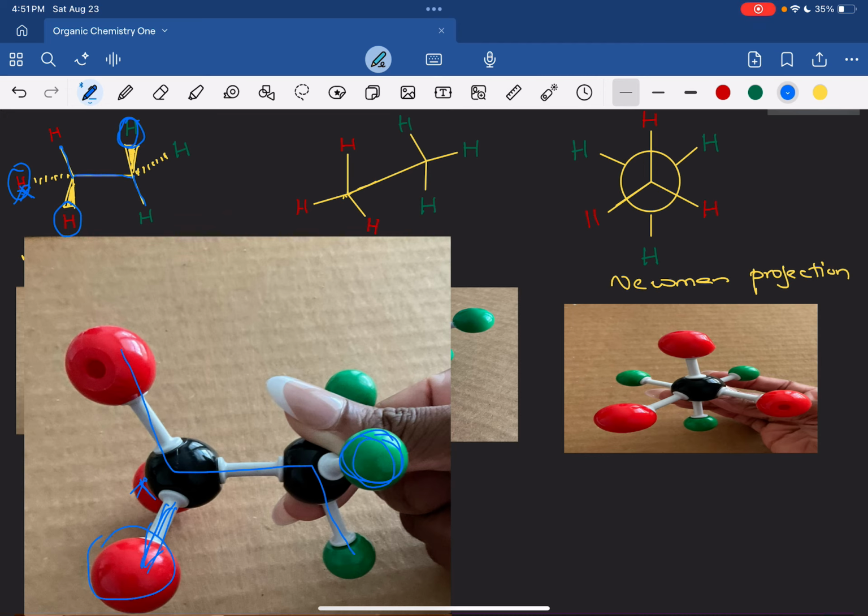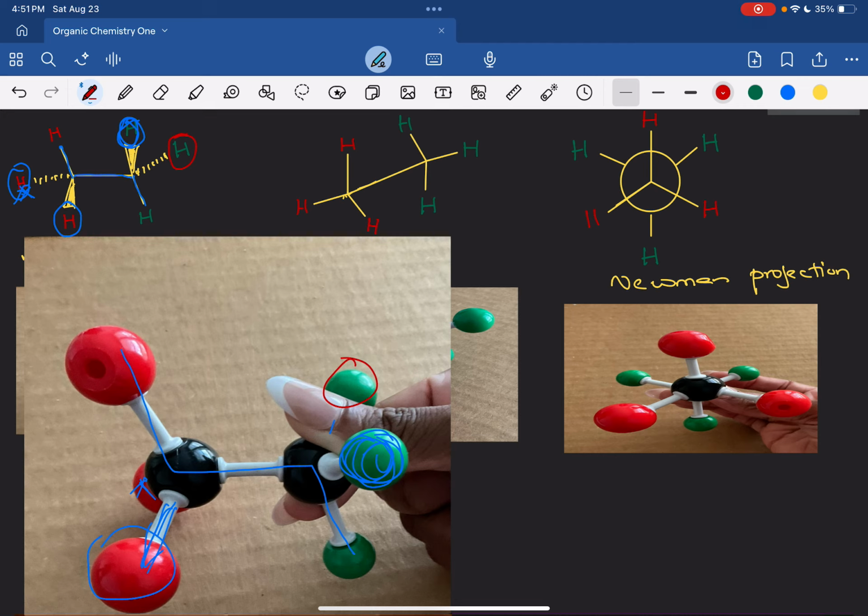This one is pointing away from you. So this is towards, which is the wedge, and the one that is away from you, let's make it red, is this one, the dash.